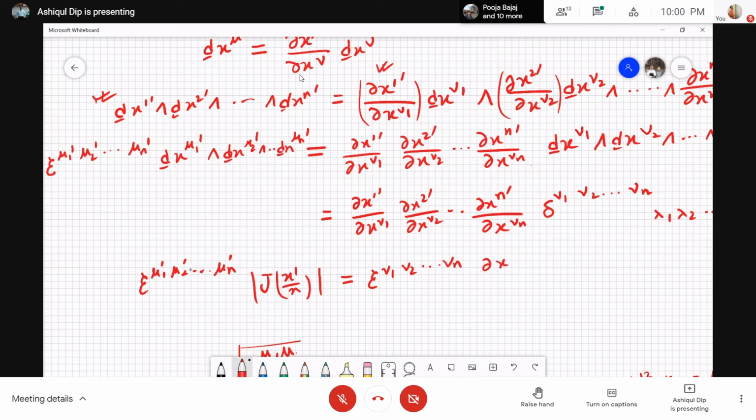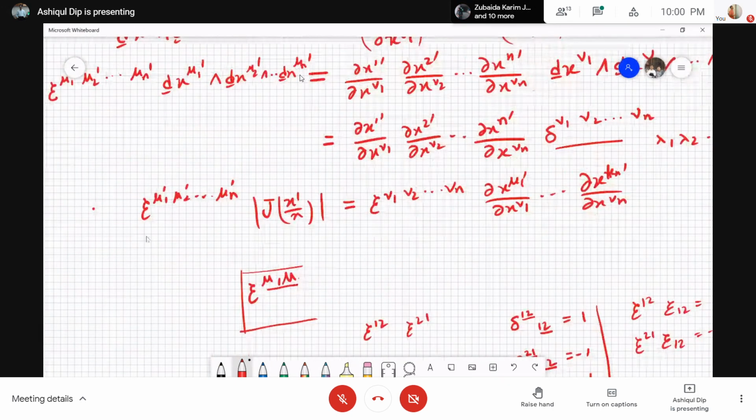Delta x mu1 prime by delta x mu1 up to delta x mu(n) prime by delta x mu(n). So now, instead of introducing Kronecker delta here, we just multiply both sides by the same e, but with lower indices.